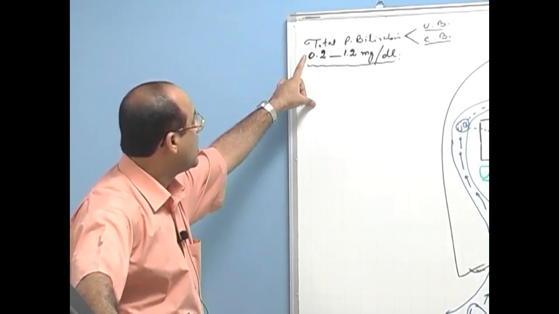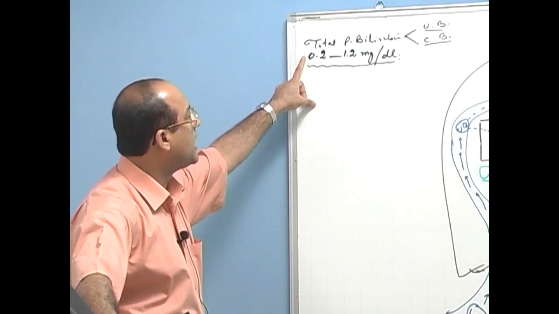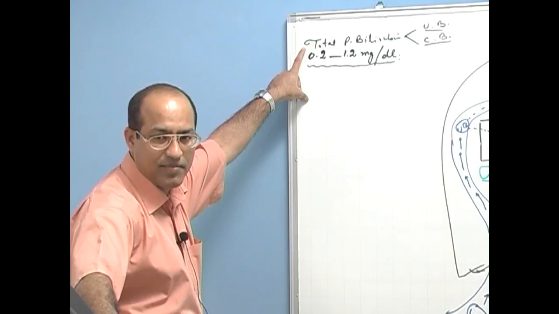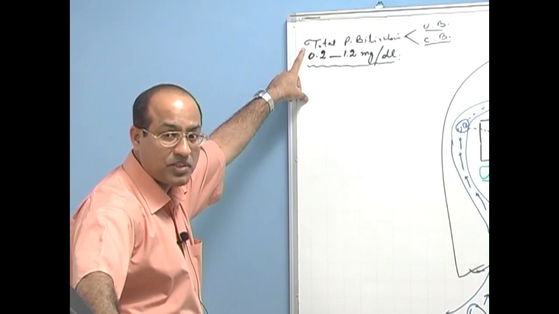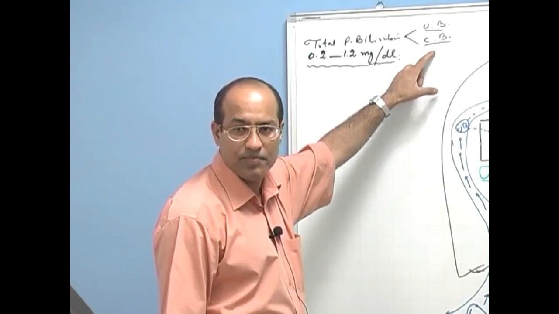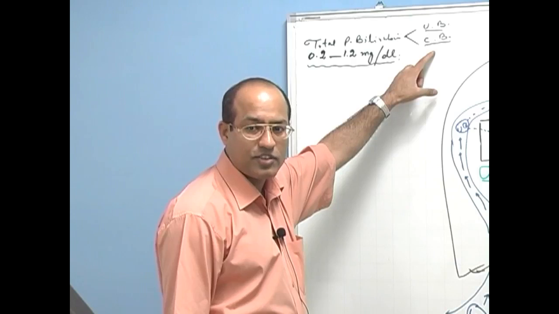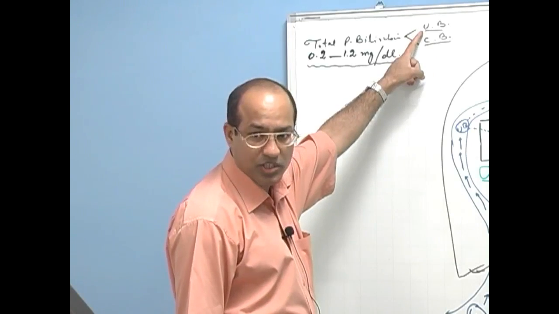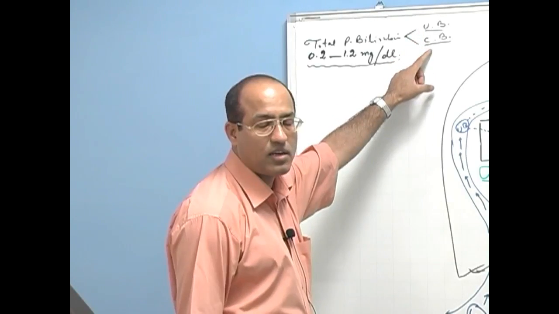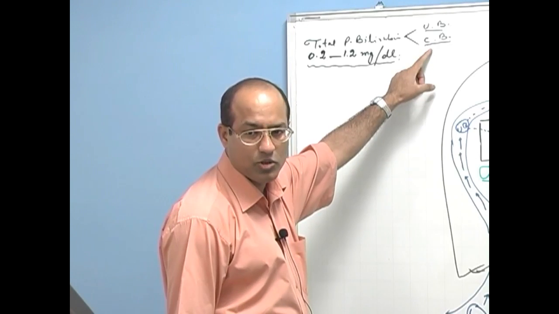Is that right? Now, whenever a patient comes with jaundice, of course the patient will have very high total bilirubin. But as a good doctor, you must determine whether the major component of high total bilirubin is unconjugated or conjugated bilirubin. In some patients with jaundice, the dominant component of excessive bilirubin is unconjugated. In other patients, it is conjugated bilirubin.